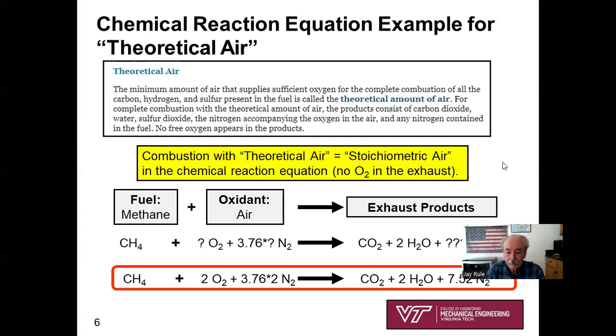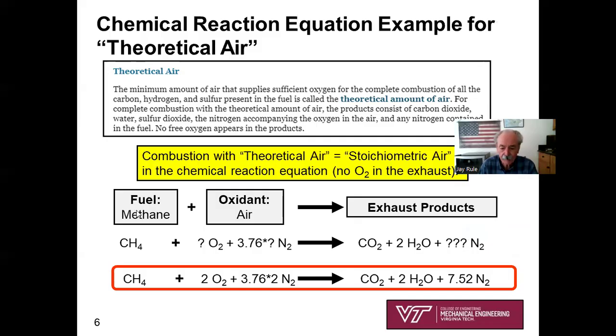Okay, there was theoretical air, and oh, here we go. Remember, if we go back to our basics, we've got our fuel, CH4, and our oxidant, which is air. So we're just using a little example of methane, CH4. With excess air, we've got some question marks to answer.